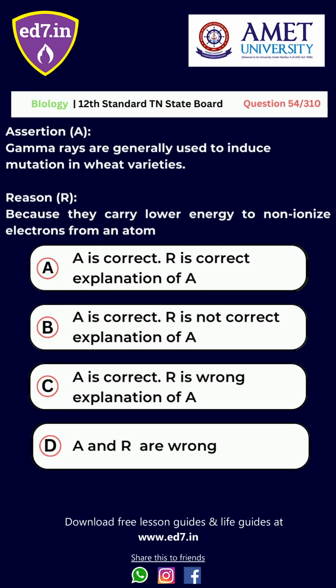R is correct explanation of A. B, A is correct. R is not the correct explanation of A. C, A is correct. R is wrong explanation of A. D, A and R are wrong. The right answer is option C, A is correct. R is wrong explanation of A.